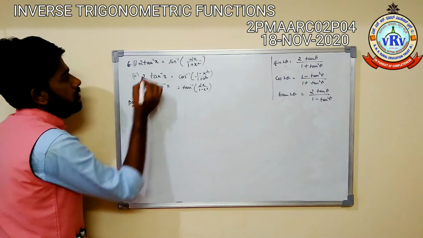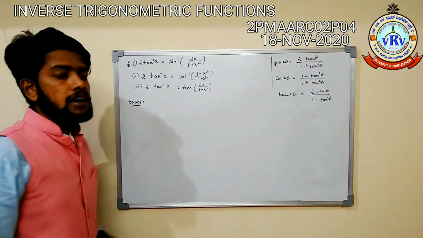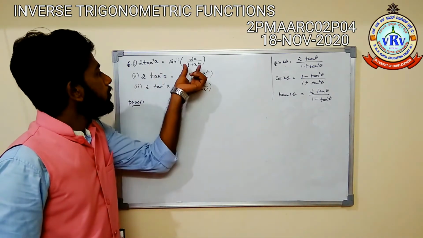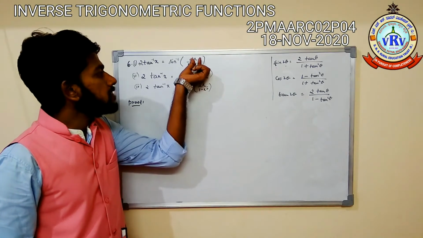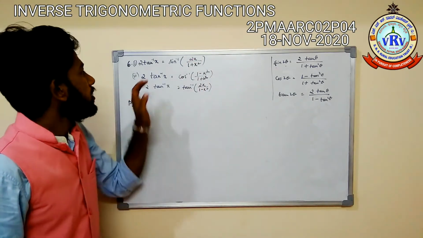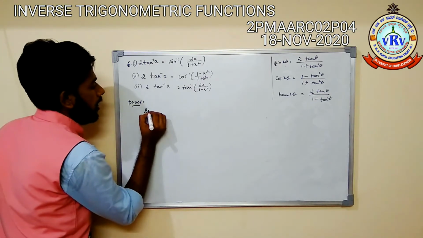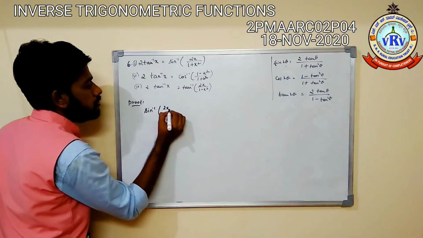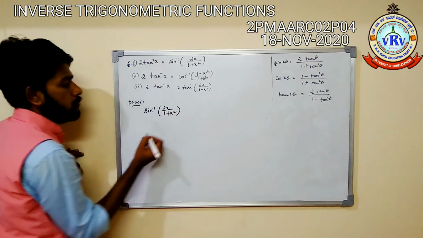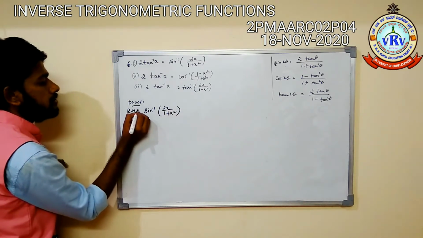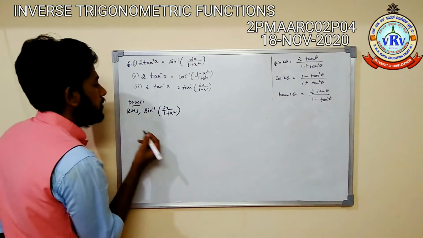Proof. Here, I am considering the right hand side first, and I will apply the value of x as tan theta. So, I am taking sine inverse of 2x by 1 plus x square, the RHS of this expression.